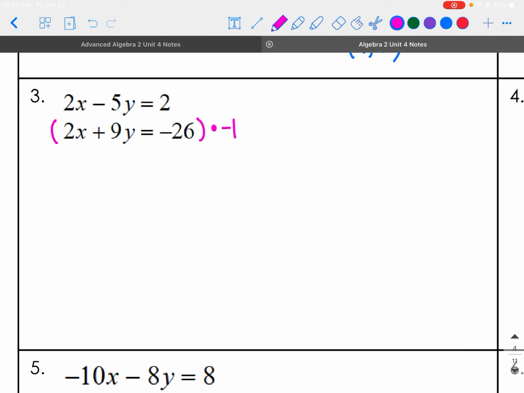And you have to multiply everything. So if I do everything by -1, this becomes -2x minus 9y equals a positive 26. So I'm just going to cross this one out.